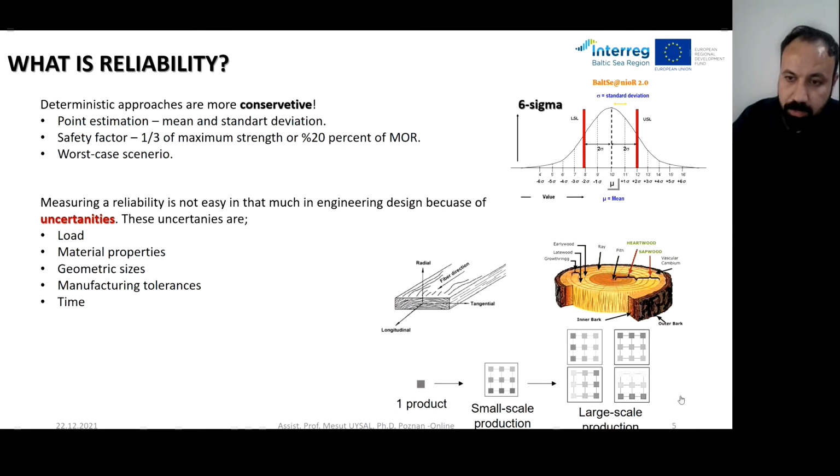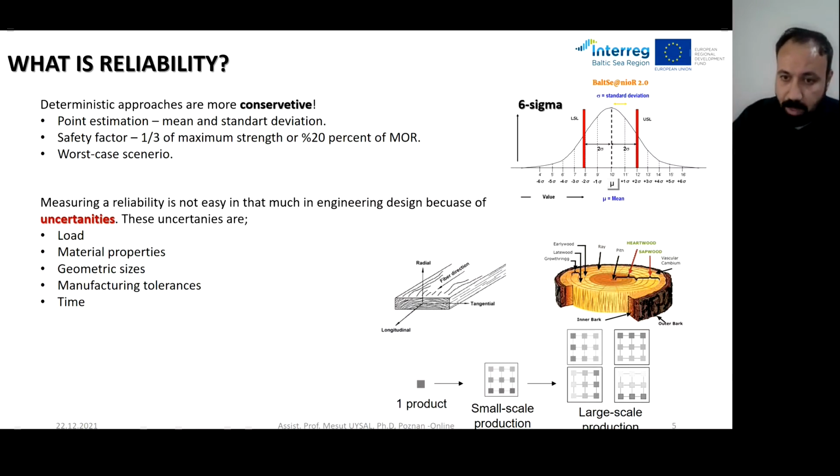In manufacturing tolerances, with increasing production scale, our manufacturing errors increase. So we can start to produce different level products, but under lower and higher tolerances.